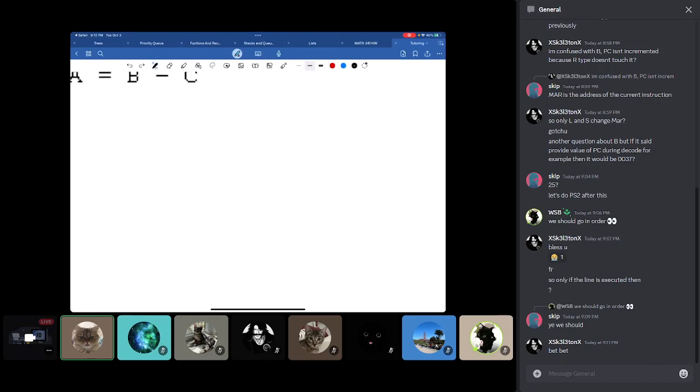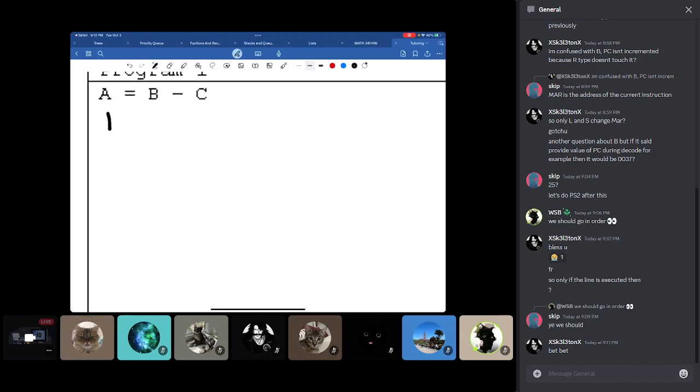So first, we can take register R2 and have that store B. Make sure to put the brackets. From there, we can take register 3 and have that store C. And let's take register 1 and have that store R2 minus R3.